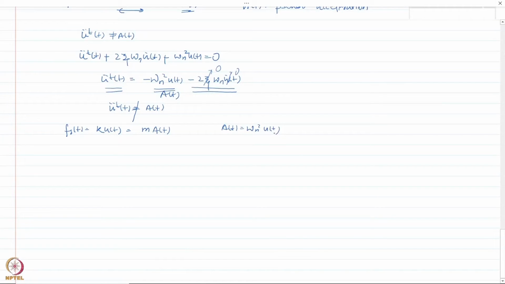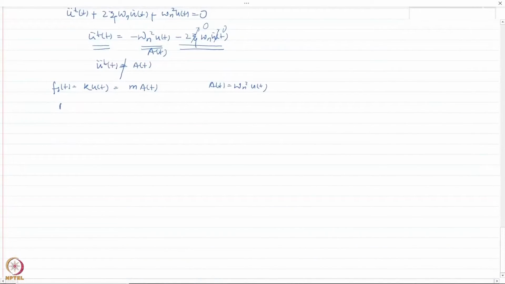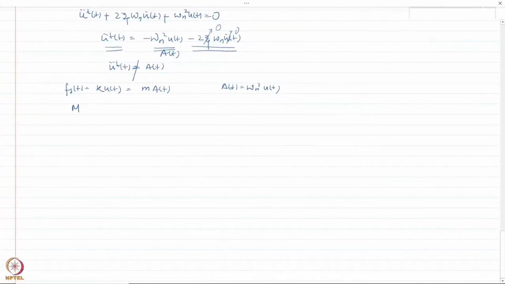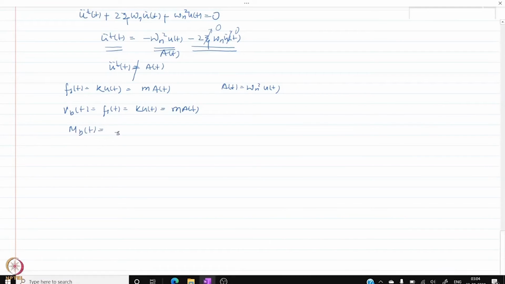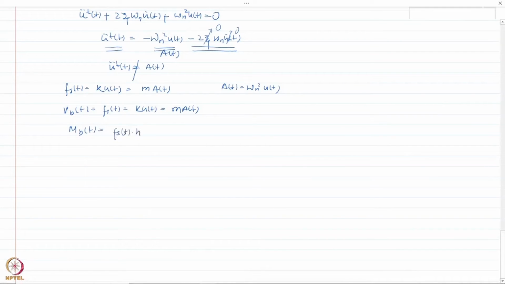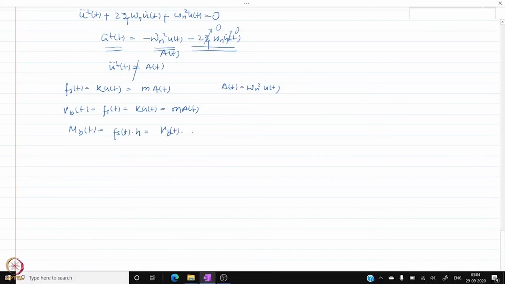Now if that is known, my base shear V_b of t is equal to the equivalent static force, which can be written as either k u of t or m a of t. And my base moment is f_s of t times h, or I can also write V_b of t times h.